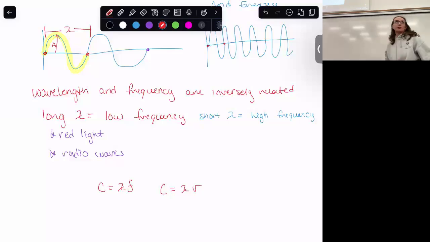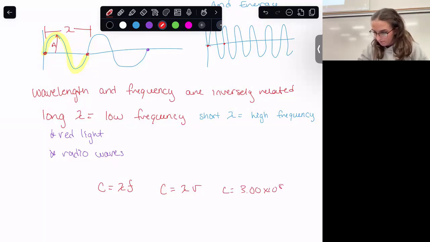Either one, right? It's on your formula sheet. I believe your formula sheet gives you the fancy v for frequency. We relate wavelength and frequency to the speed of light, and the speed of light is 3.0 times 10 to the 8th meters per second.